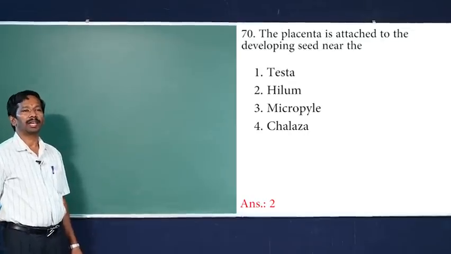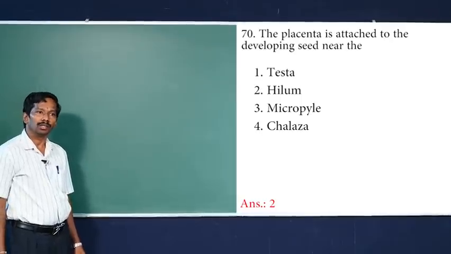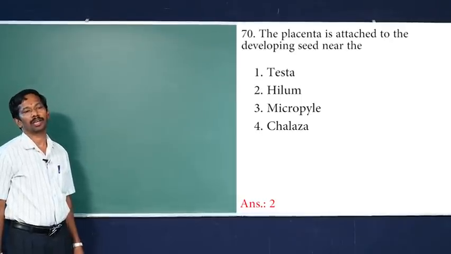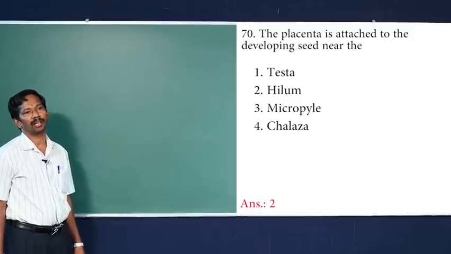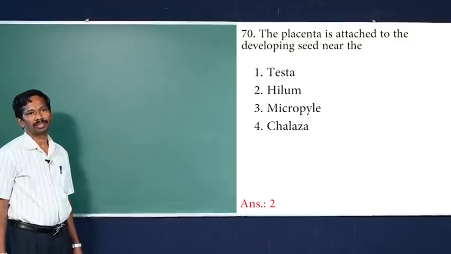The placenta is attached to the developing seed near the, answer is testa. Second option hilum, third option micropyle, and fourth option is chalaza. Answer should be option number 2, that is hilum.